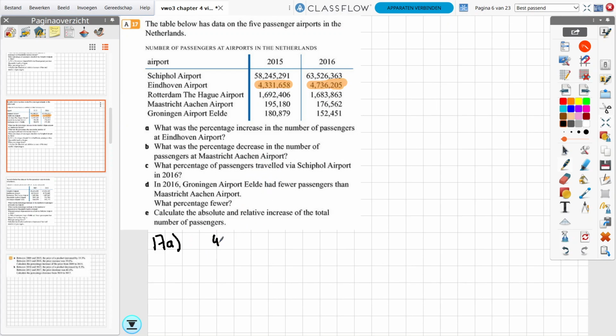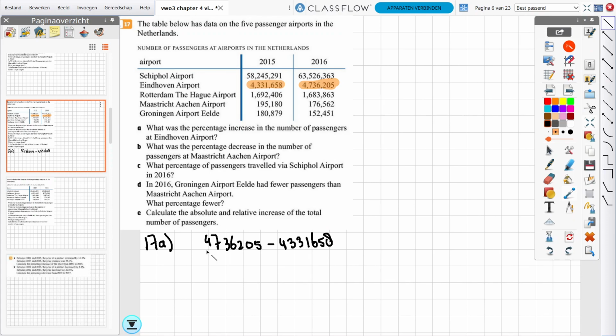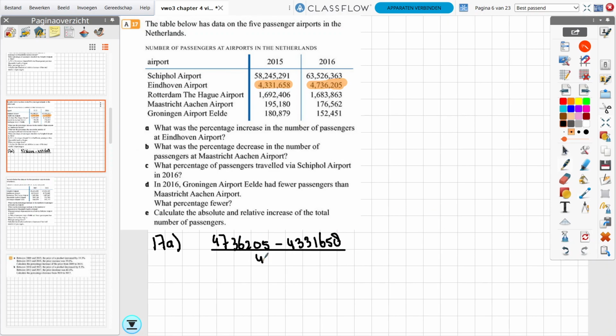So you take new minus old, and then divide it by old, times 100%. And this you can of course punch into your calculator.